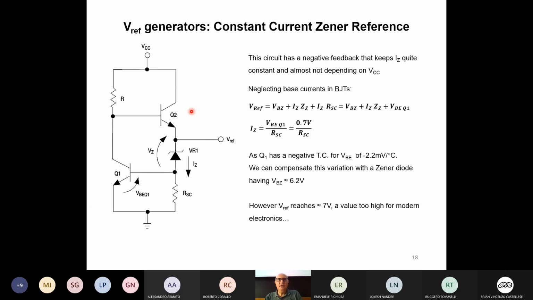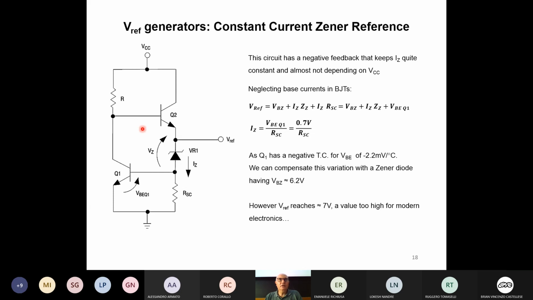The first approximation that we can do is to consider zero the base currents for the two transistors. Okay, so we can consider that the two transistors have zero base currents. The second hypothesis is that obviously the circuit must work, is working.